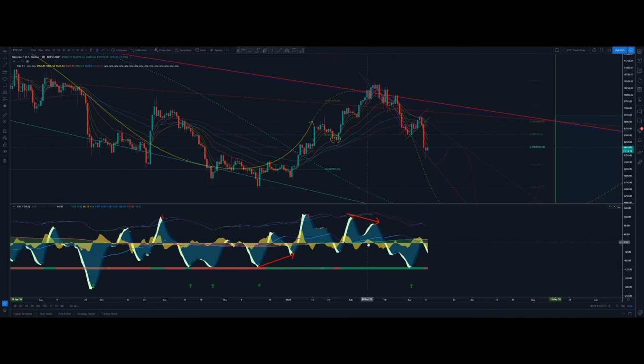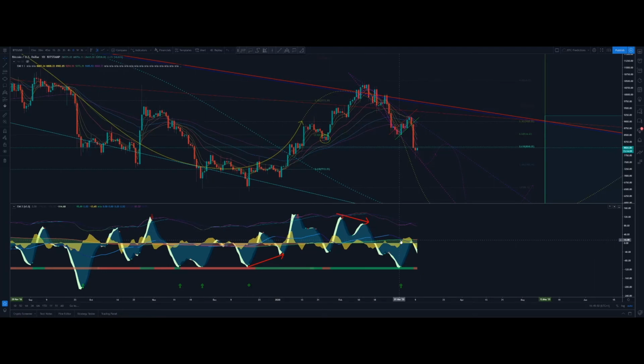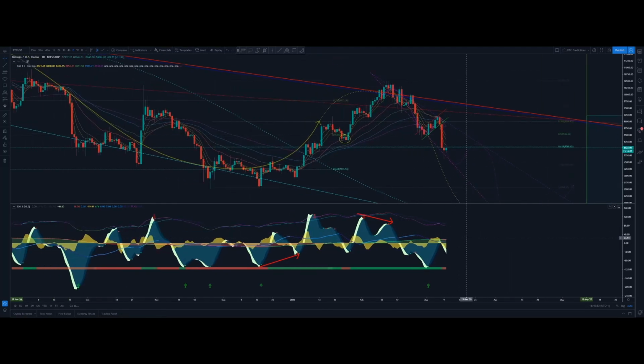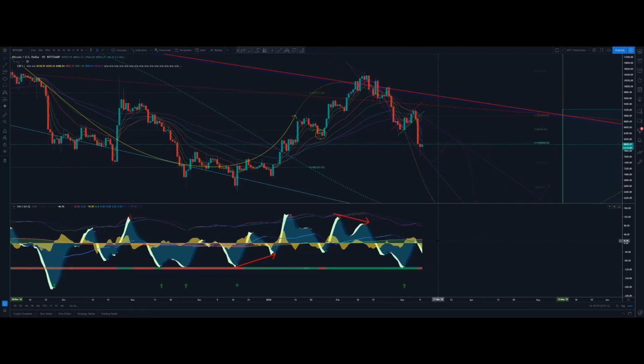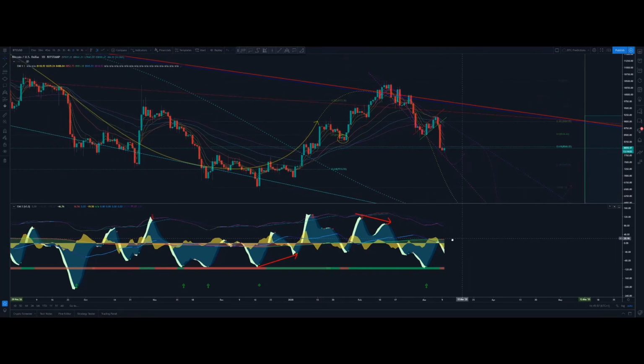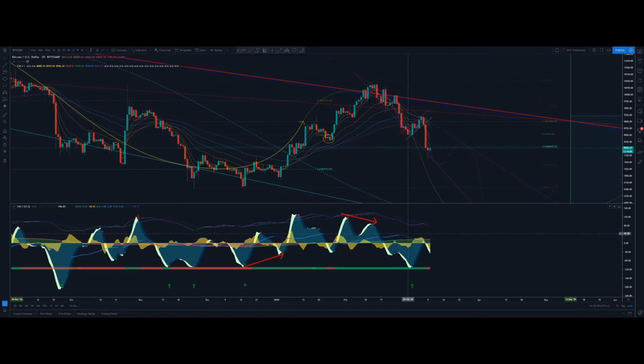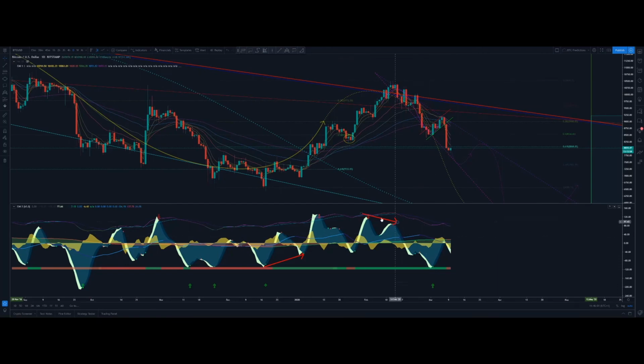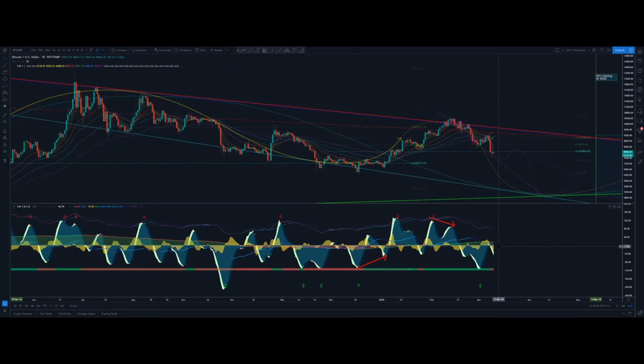Not enough volume is coming in. This is something I'm gonna talk about in my explicit videos about epic market indicators. But for now, at least you know how to read a true convergence of a divergence.